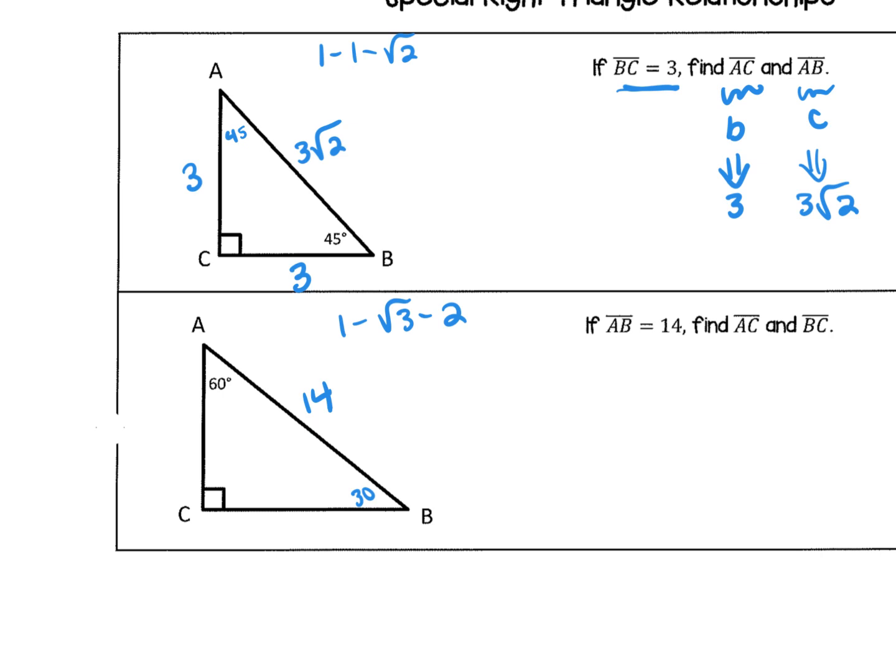The hypotenuse is 14, so we're multiplying everything by 7, right? 2 times 7 gives us 14. So if we multiply by 7 here and by 7 here, the side opposite the 30-degree angle has to be 7. The side opposite the 60-degree angle is 7 root 3.